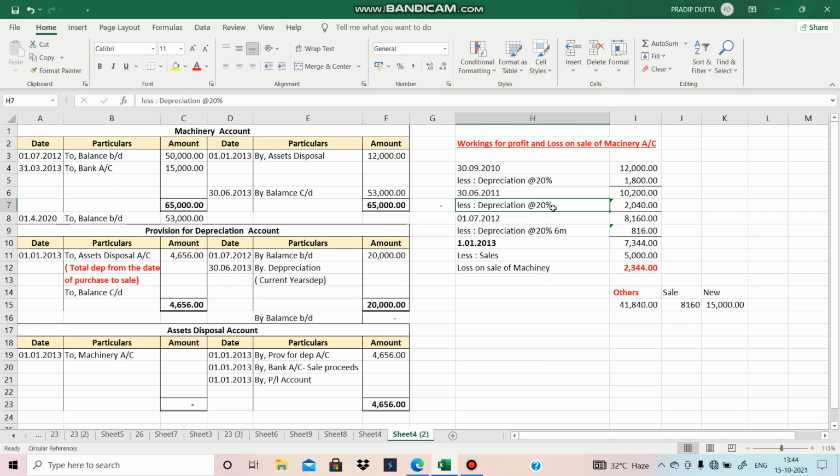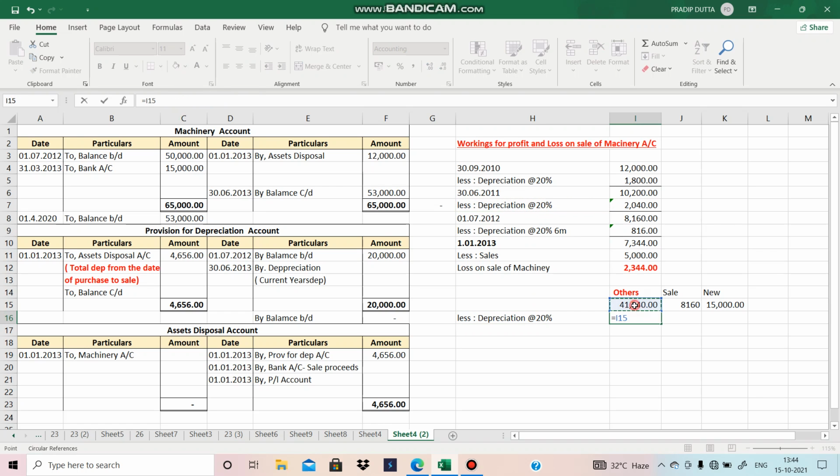The depreciation will be charged on the machines at 20% on this for the full year. This is for 6 months, which we have already got, 816. And here the new machinery was bought in March, so leaving March, April, May, June, it is for 3 months. So 20% for 3 months comes to 750.